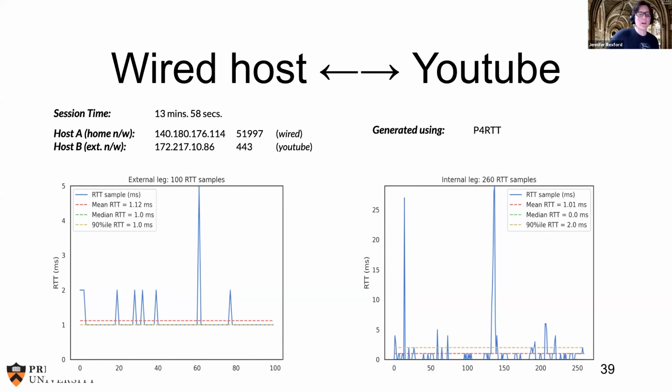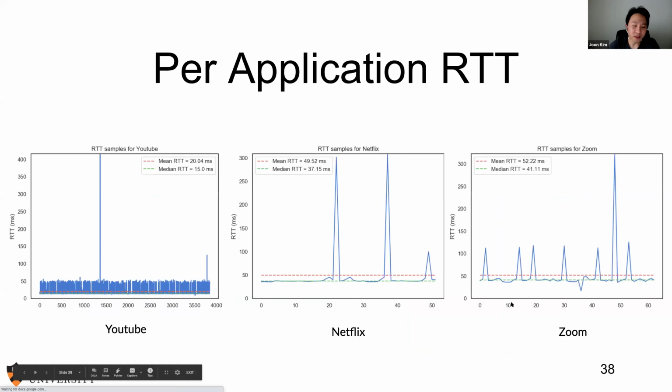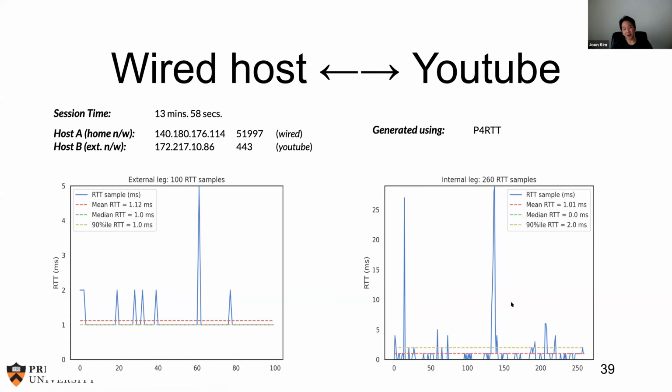Joon, there's a question about what the x-axis is of these various graphs. Oh, sorry. So the x-axis is, I was looking into these too. These are actually not timestamps. These are samples. I think it'll be interesting to also see how it looks in a real time series.